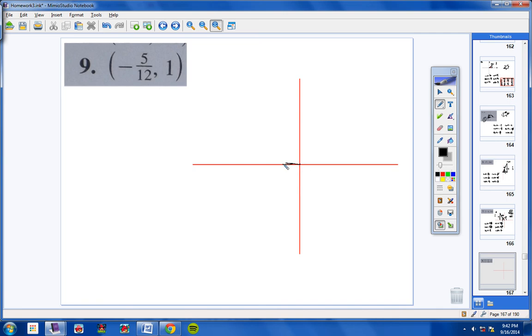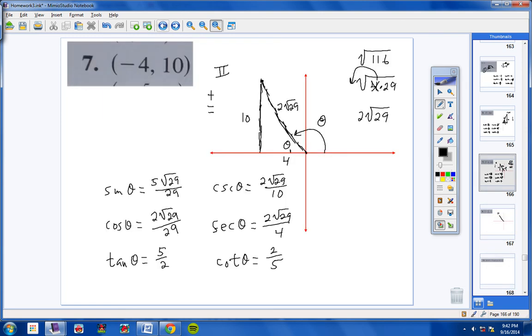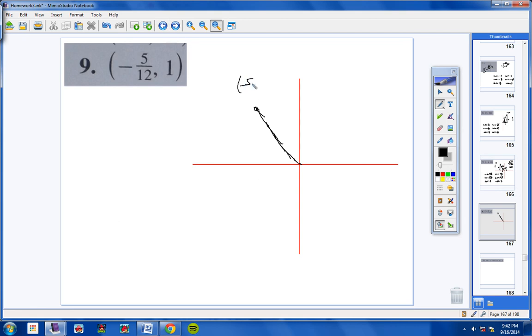We're going to go over and then up to about right here. All right. And we're going to call this ordered pair negative 5/12, comma 1.